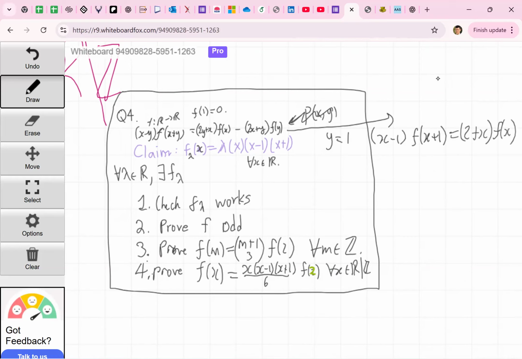If x is an integer, like it could be 1, that's what we did in part 3. It's easier to say x is not an integer when you're dividing by stuff that could be 0.